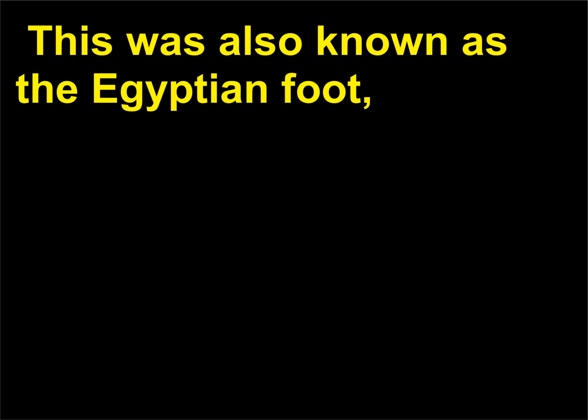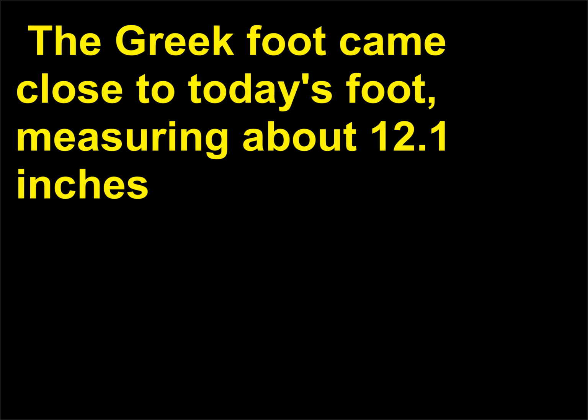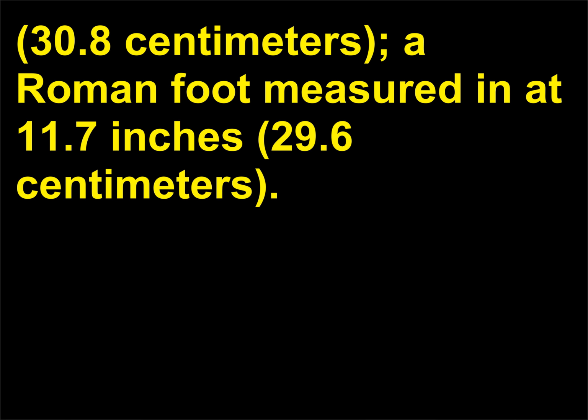The Greek foot came close to today's foot, measuring about 12.1 inches, 30.8 centimeters. A Roman foot measured in at 11.7 inches, 29.6 centimeters. The list goes on, depending on the country and time period.